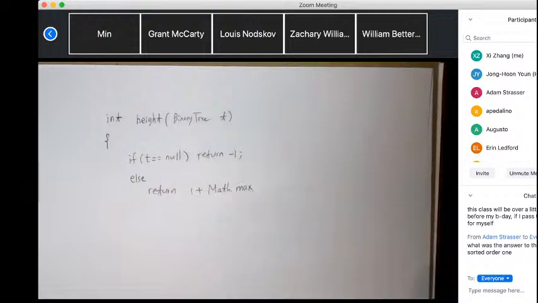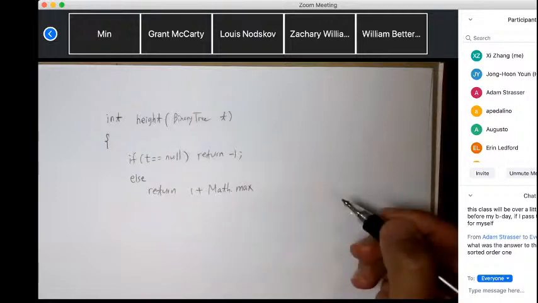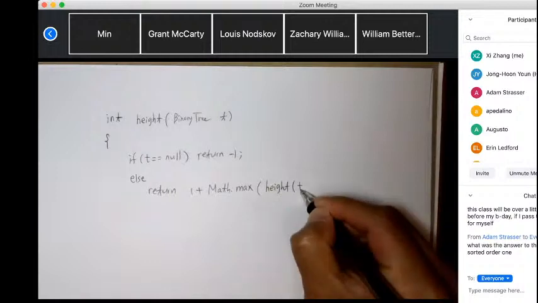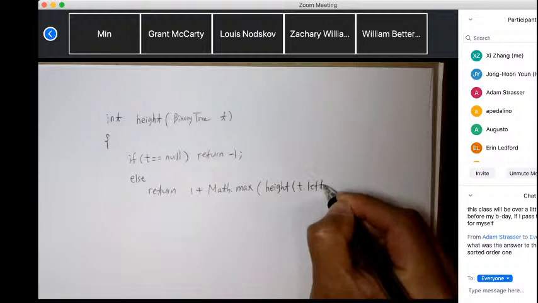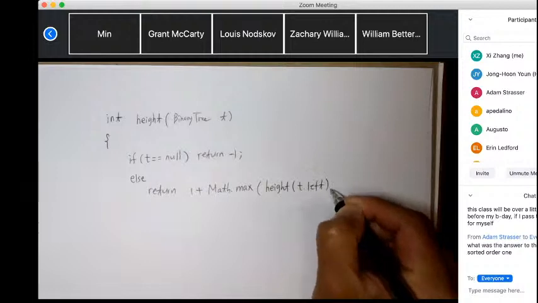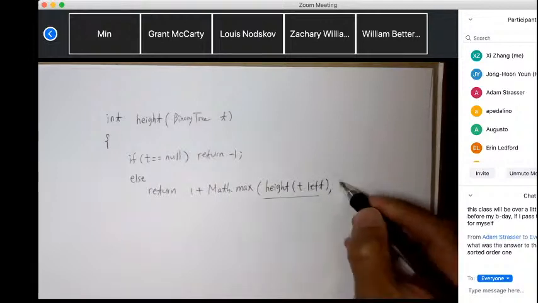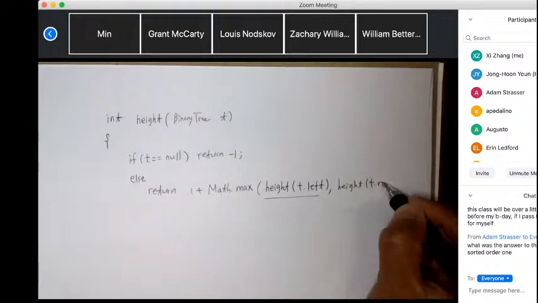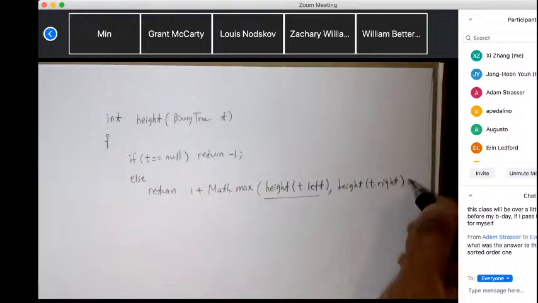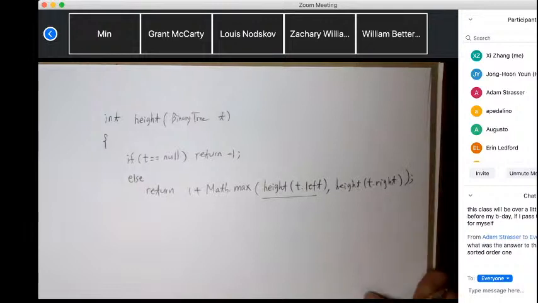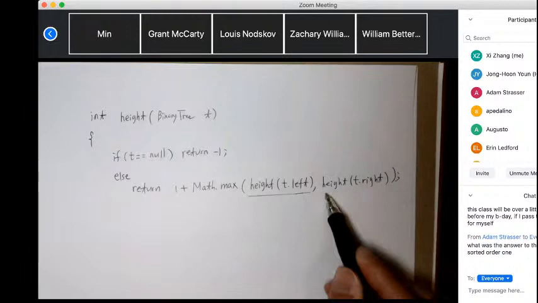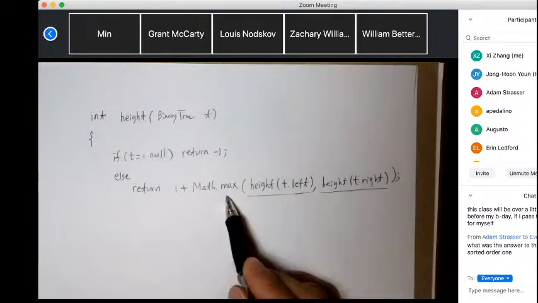It's just to compute the height of t dot left. I will compute the height of my left subtree, and then I will also compute the height of the right subtree. Compute height of left subtree, compute height of right subtree, and take the maximum plus 1. That's my height information.